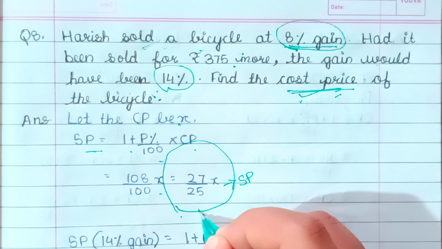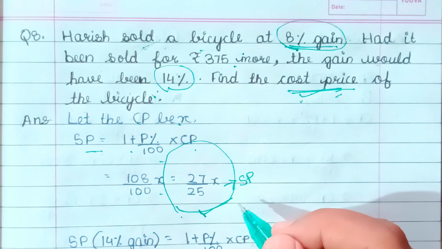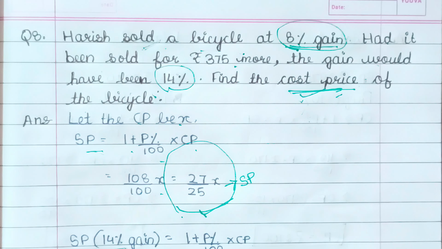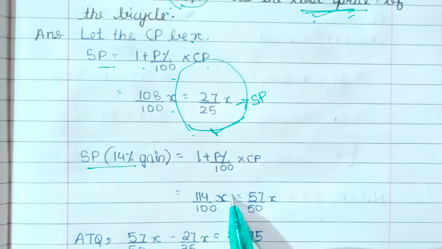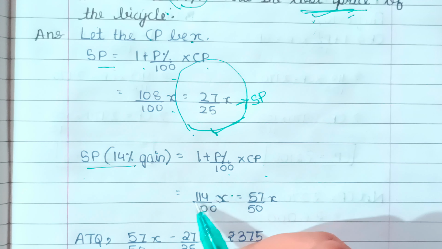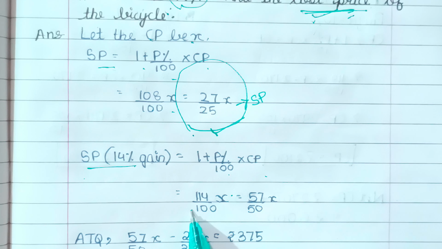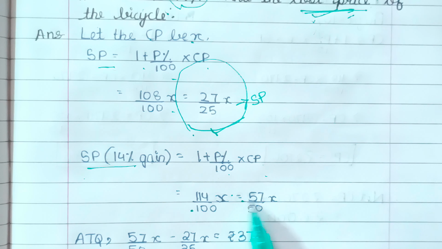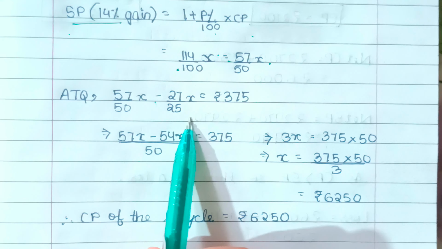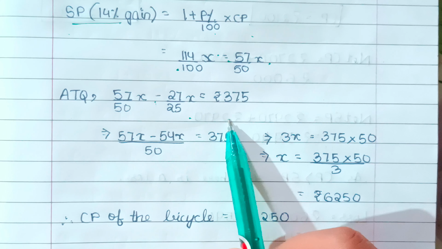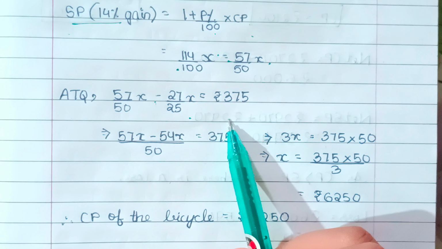So we have 27 by 25x. The SP in 14% gain is 1 plus profit percent into CP, that is 114 by 100x is equal to 57 by 50x. 57 by 50x minus 27 by 25x is equal to rupees 375.